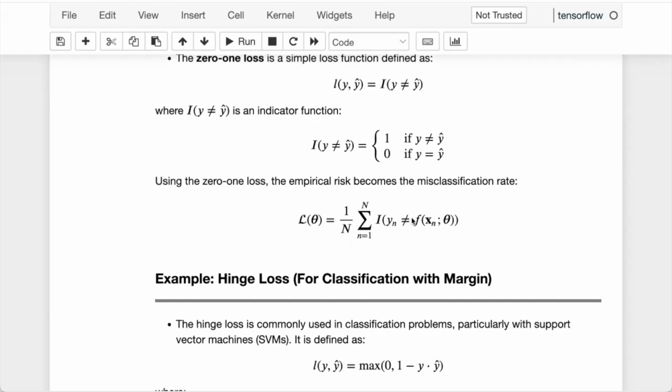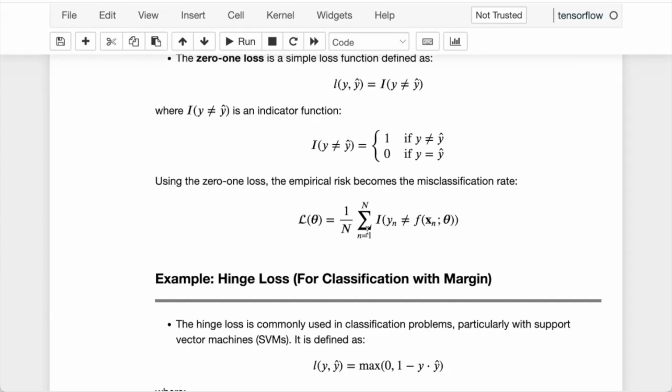And this sum is 0 when you make a correct prediction and 1 only when you make an inaccurate prediction. So this sum by itself is the number of times that you misclassified. And if you divide that by the total number of data points, that's your misclassification rate.